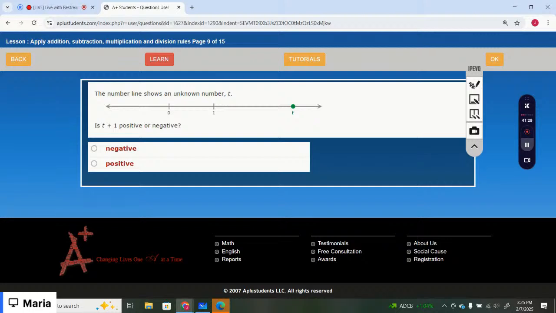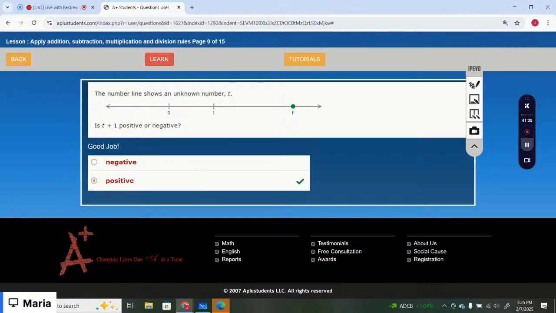T is on the positive right hand side. T is positive. T plus 1 is also positive. Option 2 is the correct option.